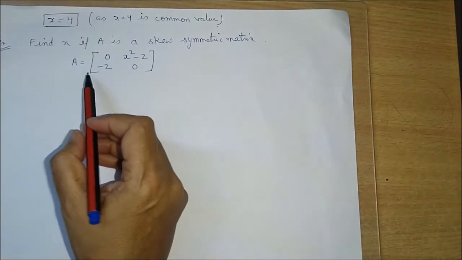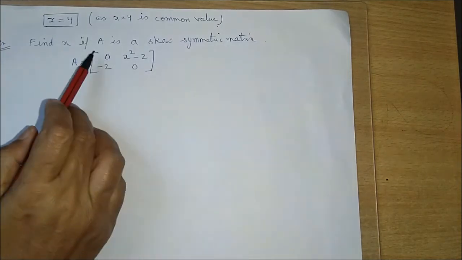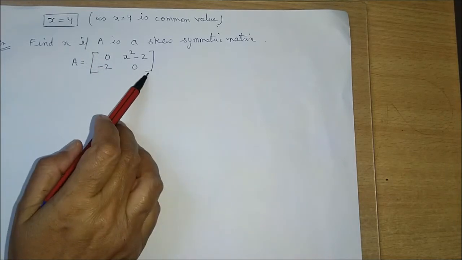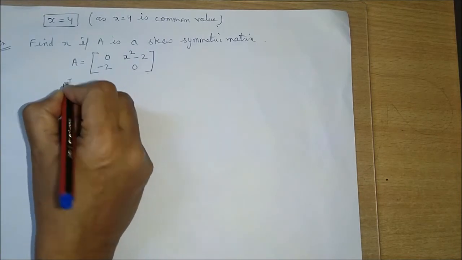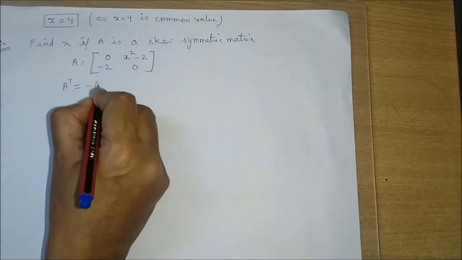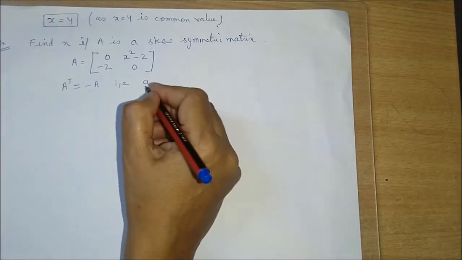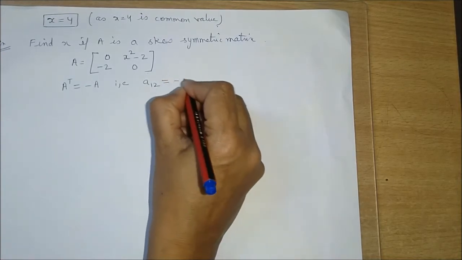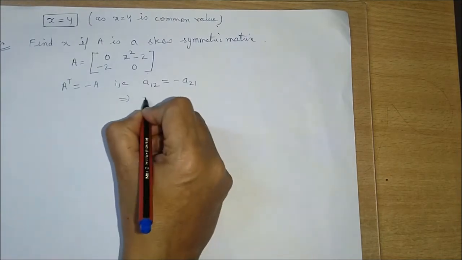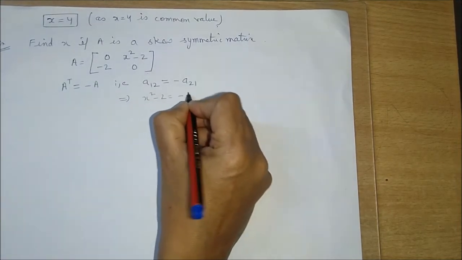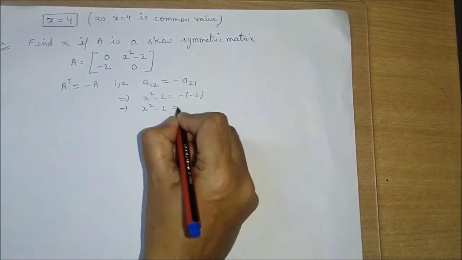We can see in this A is a skew symmetric matrix, and in skew symmetric matrix diagonal element must be equal to 0, and second condition is that when we take transpose of any matrix, that should be equal to minus A. That means in skew symmetric matrix, A12 should be equal to minus of A21. That implies x square minus 2 equal to minus of minus 2. x square minus 2 equals to 2.